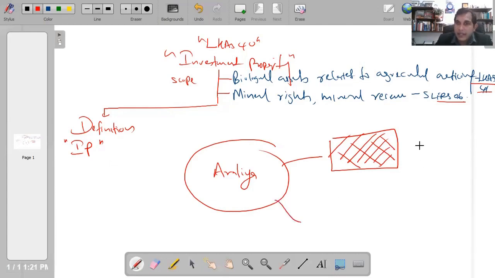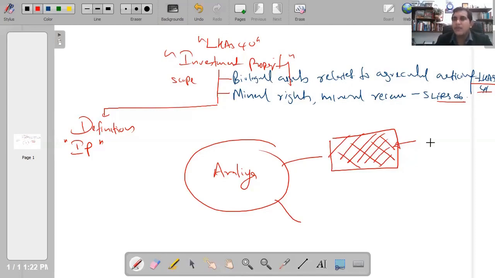There is no predetermined future use; the entity just purchased and kept it.